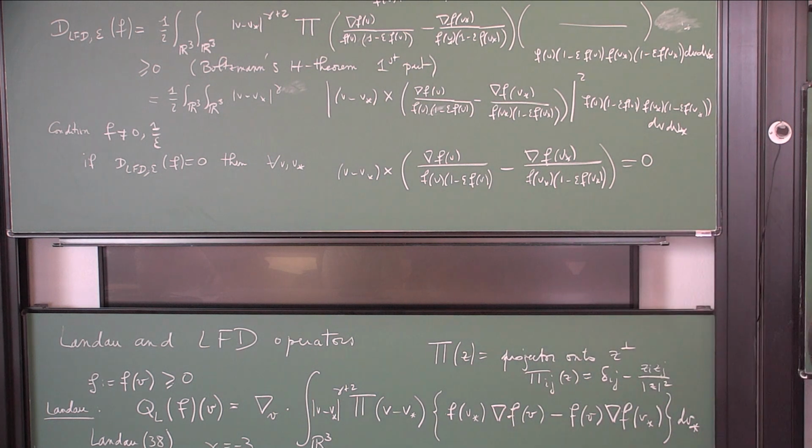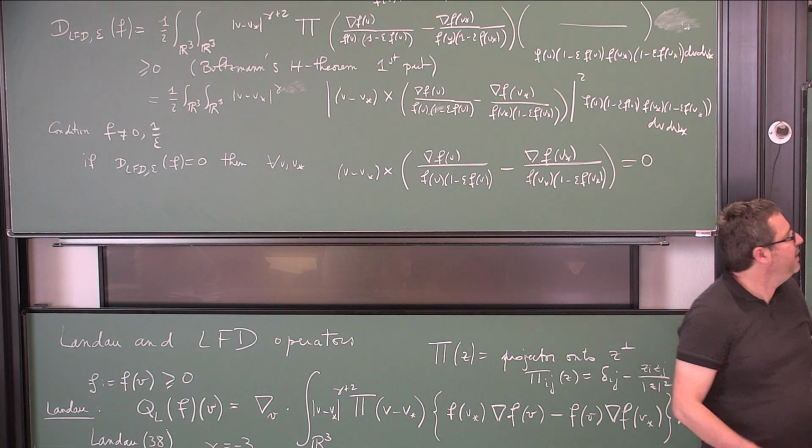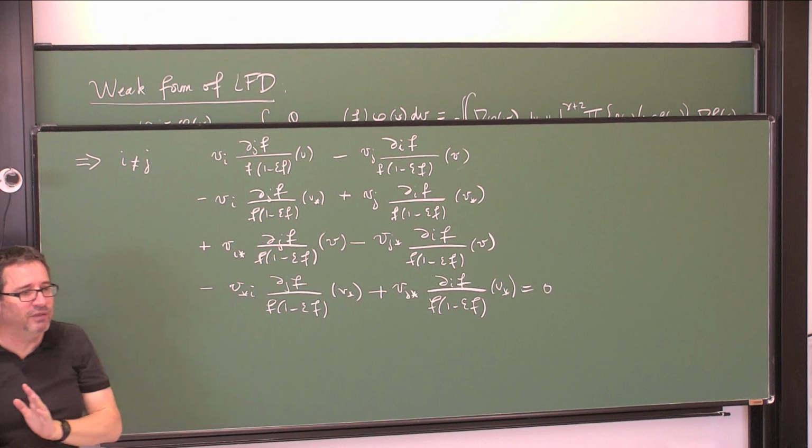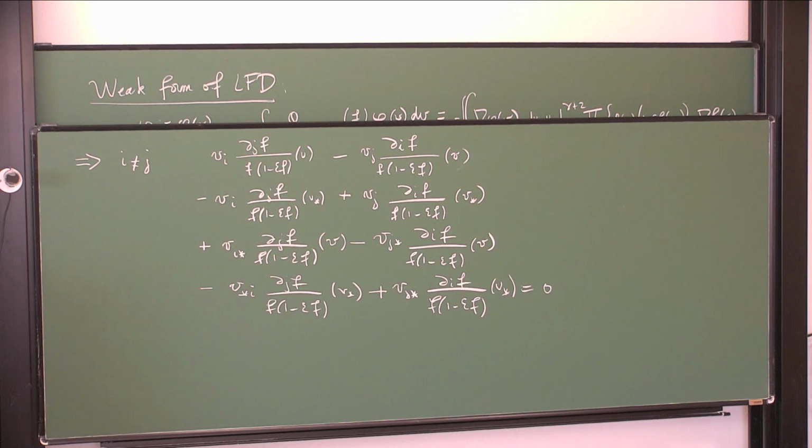taking this and taking a sufficient number of derivatives in v and v star in order to eliminate as many terms as possible. So you can guess why this should work. It's really because in front of the terms of derivatives, you always have polynomials of degree 1 at most. So if you take 2 derivatives, it should give you 0. Okay?